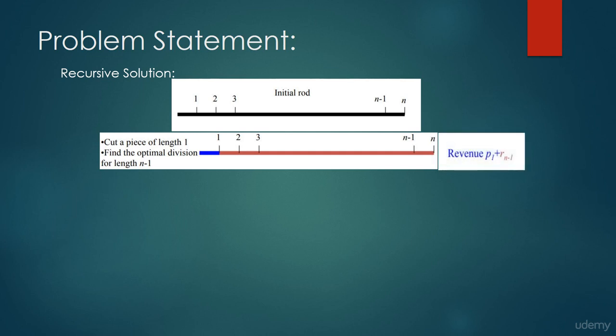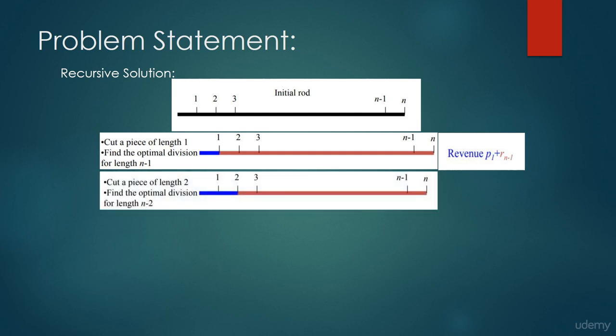That would give me a revenue of P1, which is the price for one piece, plus the optimal revenue that I get for the piece of length n minus 1. So P1 plus R_{n-1}. Another way I can cut this is to cut a piece of length 2, sell that piece, and then find the optimal money that I can make from the rod of length n minus 2.